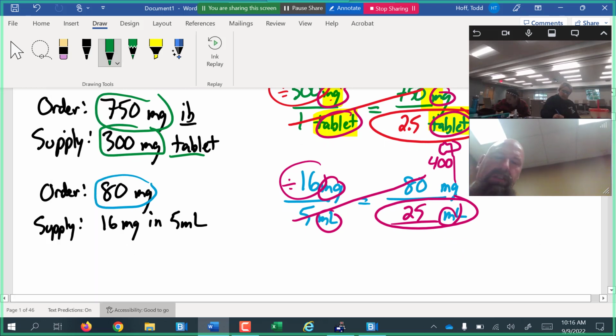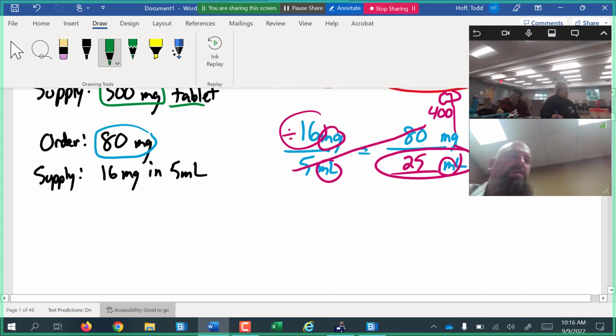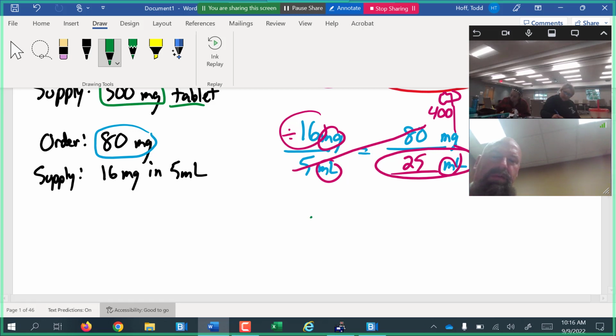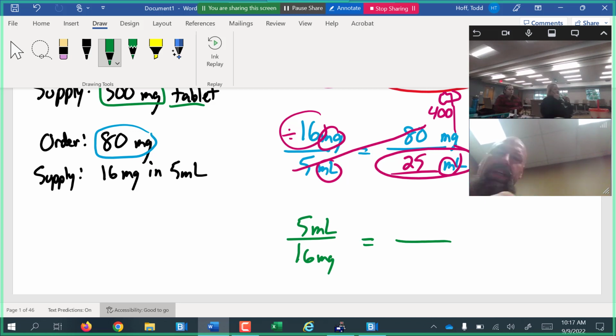So I'm going to do this second example again, but I'm going to screw up my first ratio here. I'm going to put 5 milliliters over 16 milligrams. Well, on the other side, I have to make sure I line up milliliters with milliliters and milligrams with milligrams. So my 80 milligrams of my doctor's order has to go on bottom.